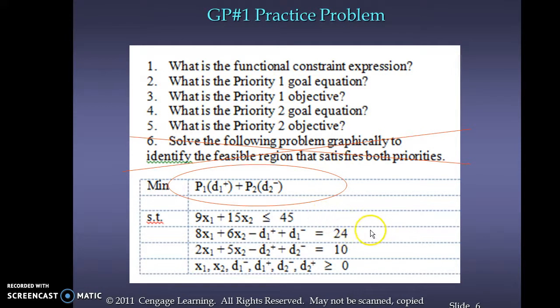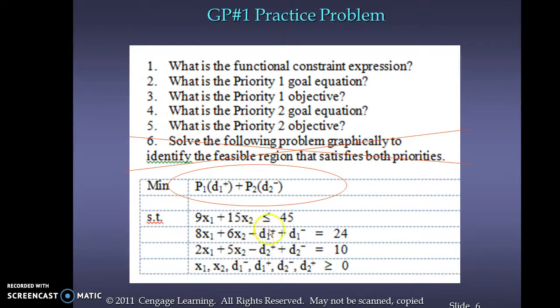Now, the goal equations are those constraints where we use equalities and we also have deviation variables. So when I remarked to you a few minutes ago with regard to the priority 1 goals, the deviation variables are also marked with a subscript that is an indicator of the priority.